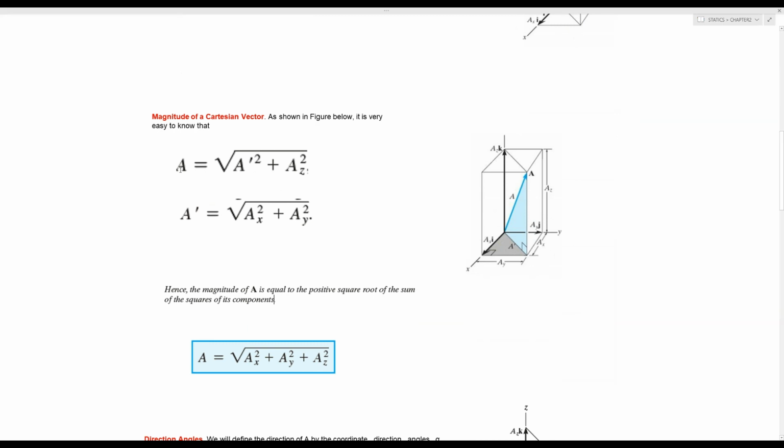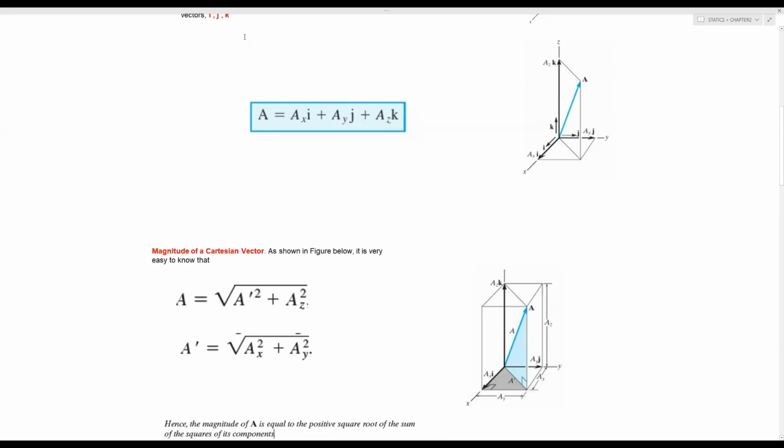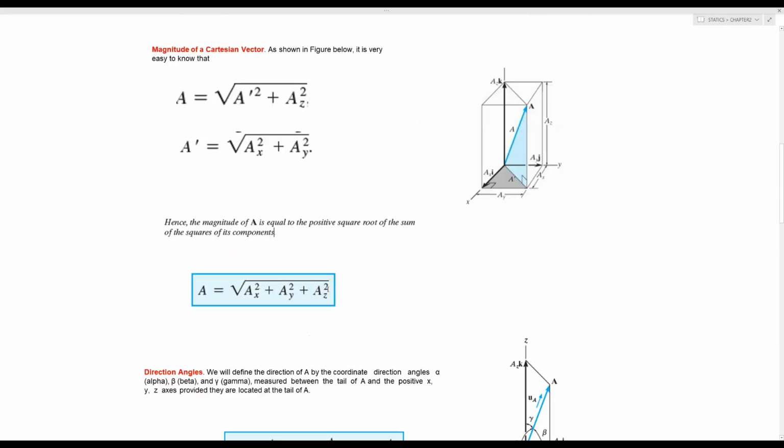A is the square root of A dash squared plus Az squared, and A dash is the square root of Ax squared plus Ay squared. Combining both, where A equals Ax i plus Ay j plus Az k, we get A equals the square root of Ax squared plus Ay squared plus Az squared.